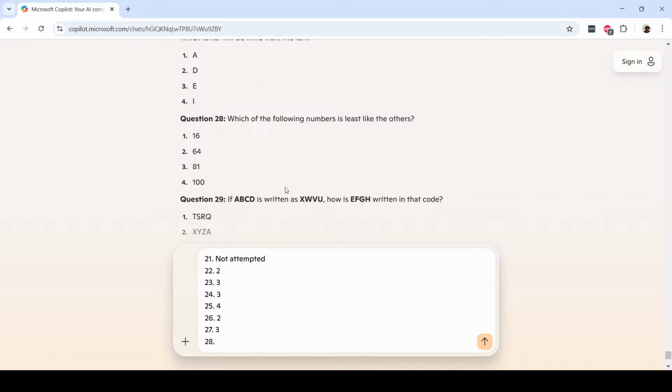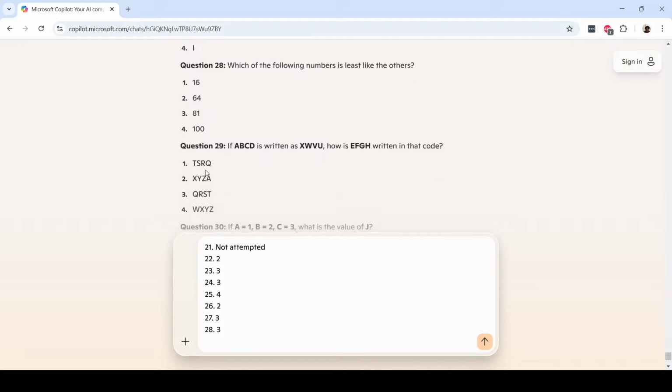So okay, again a tricky question. 16, 64, 81, and 100. So 100 is the square of 10, 9, 8, and 4. So see, okay, we don't need to worry about that much. It's just odd even. All three are odd, and only this one is even. So that is fine.